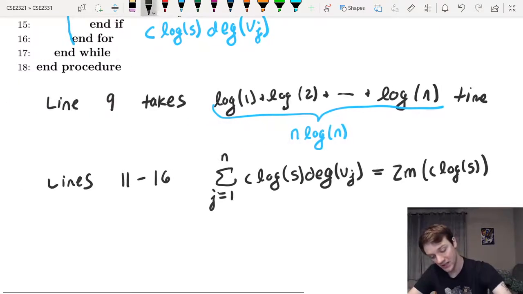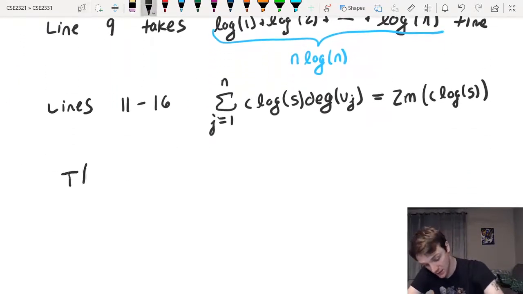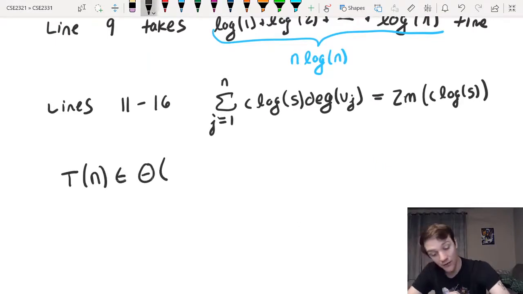So T of n in this case is in theta of n log n from line 9 there plus m log n.